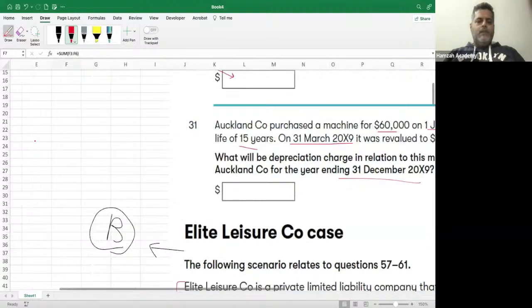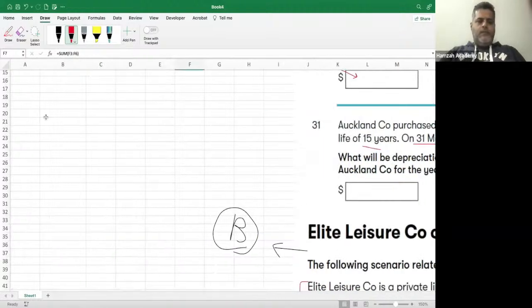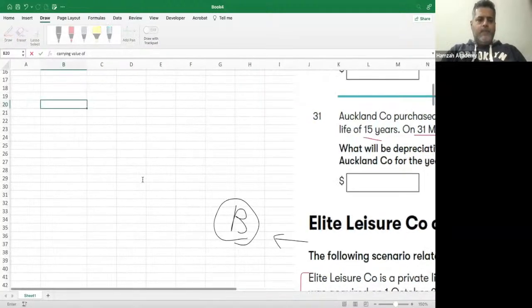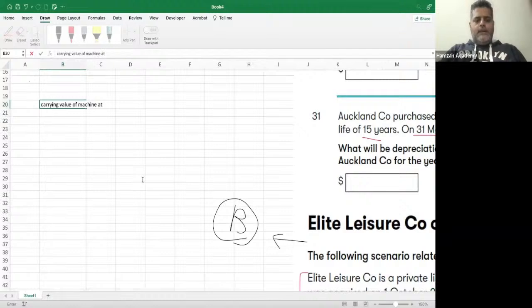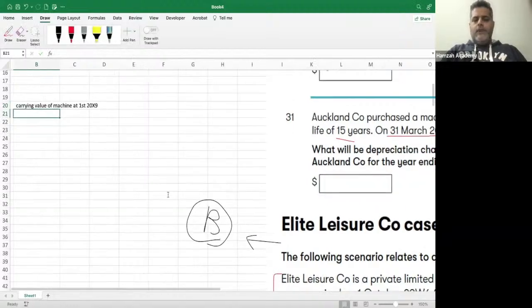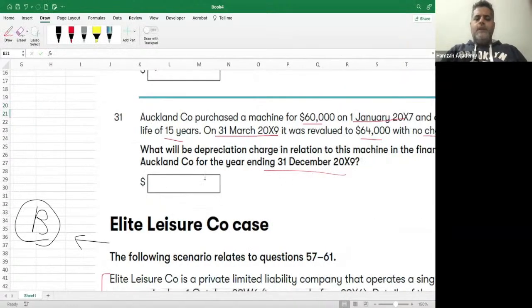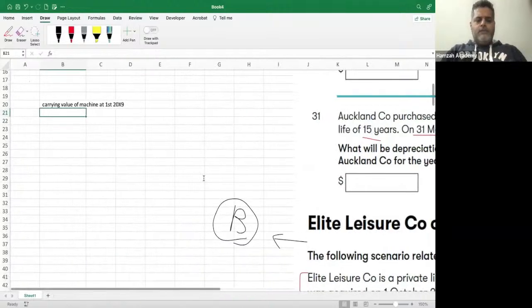Okay, now, first things first, the carrying value of the machine at 1st January 20x9, right? Because then the amount and the calculations are going to be easier for us.